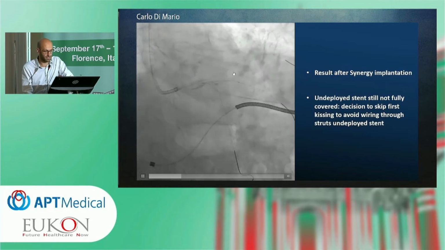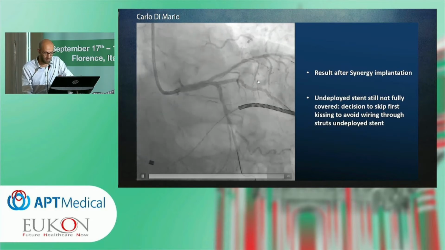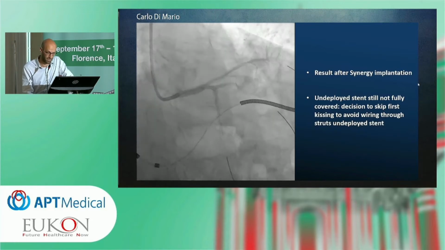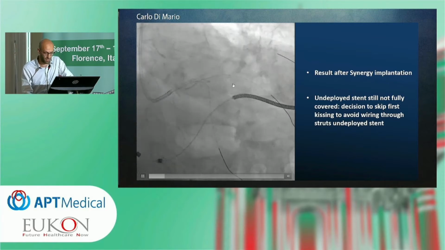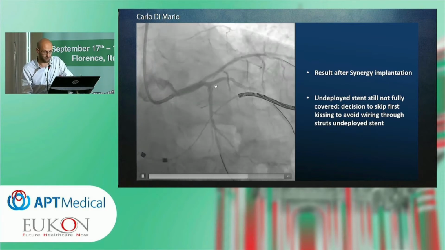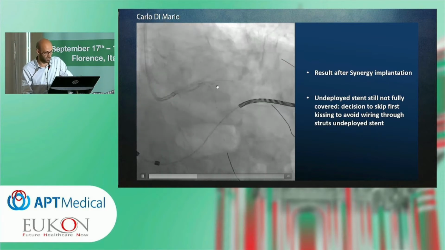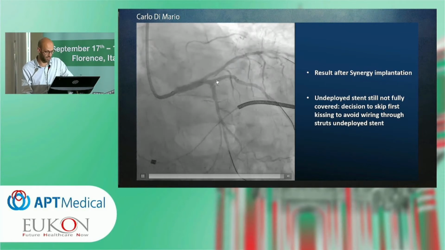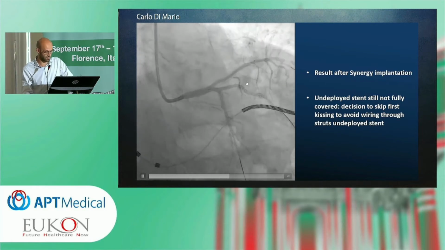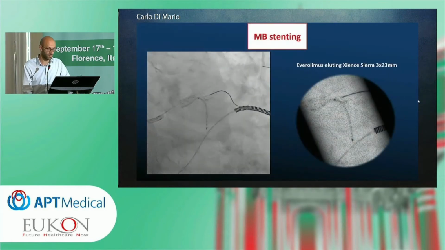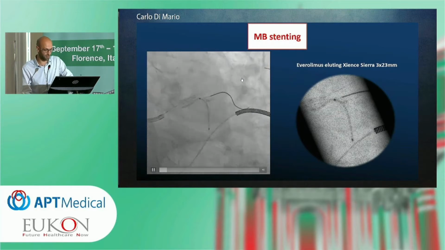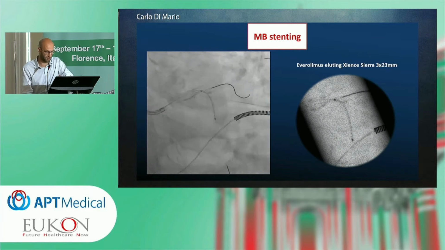This is the result of the stenting of the marginal branch with the not fully expanded stent, which is now jailed towards the circ. And then we proceeded with stenting the circ with a Xience Sierra 3 by 23 millimeters.